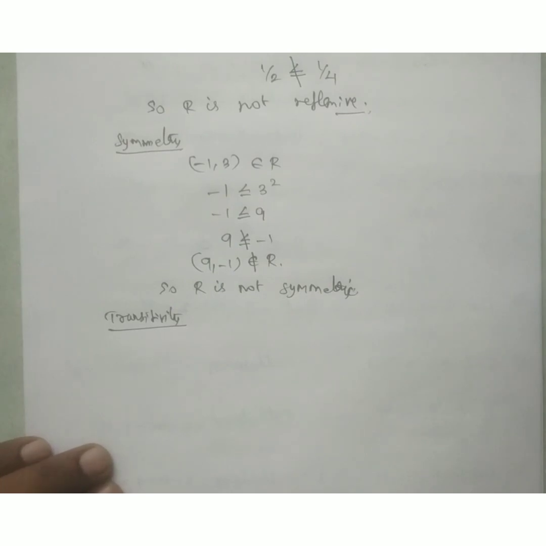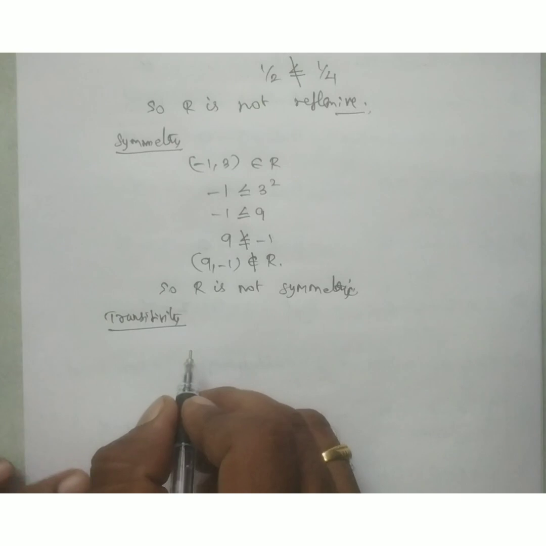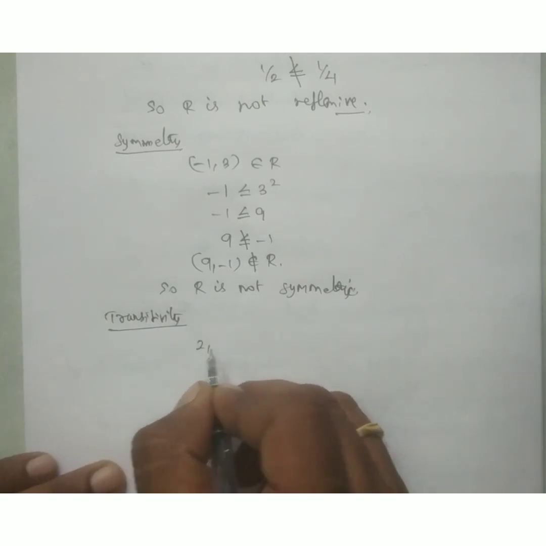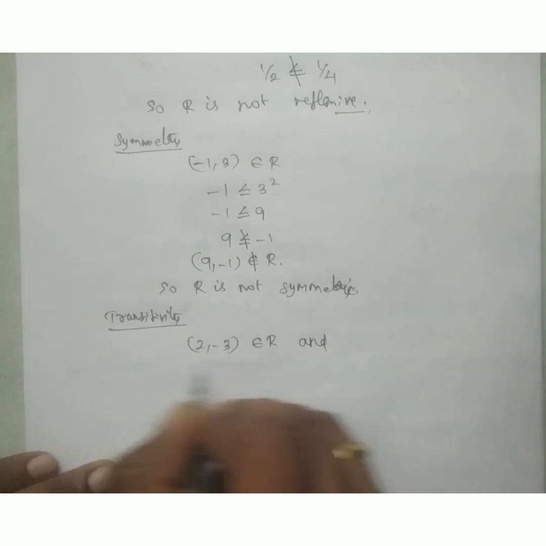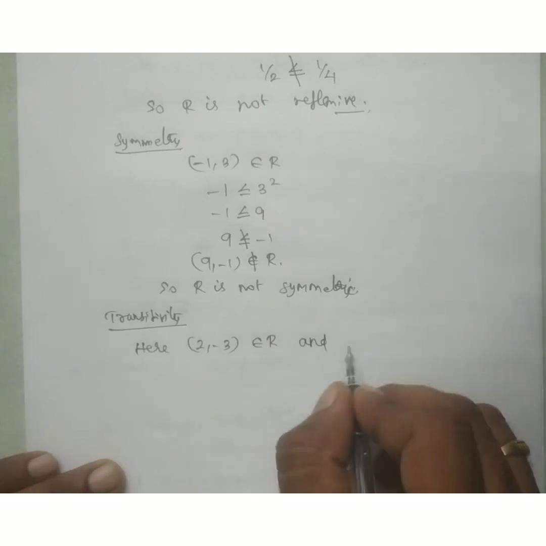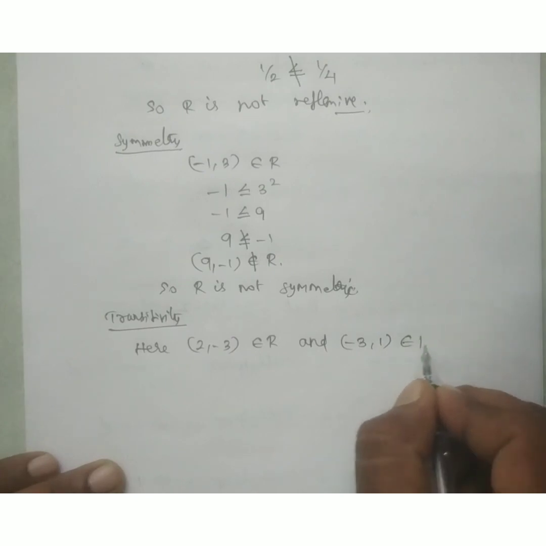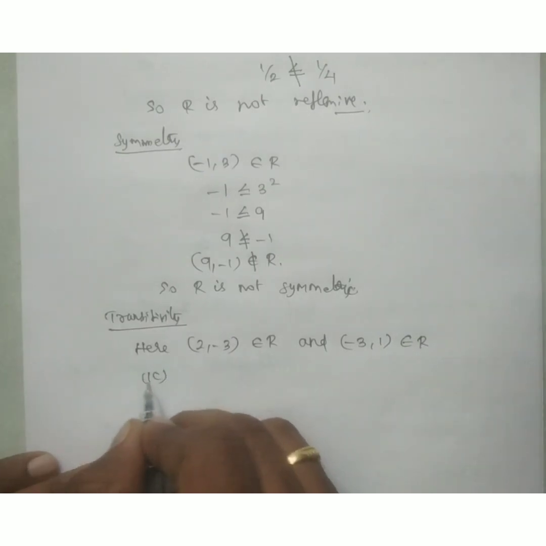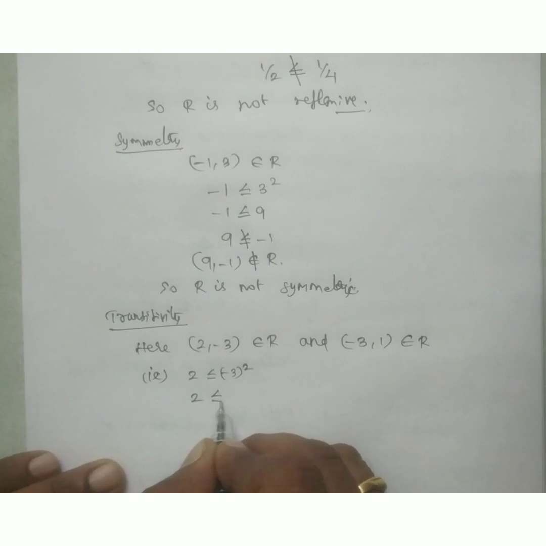So we can take two pairs that should be in the relation. First I am taking (2, -3), which belongs to R, and another pair starting with -3, that is (-3, 1), which belongs to R. What is the meaning here? 2 is less than or equal to (-3) square, that is 2 less than or equal to 9, which is true.